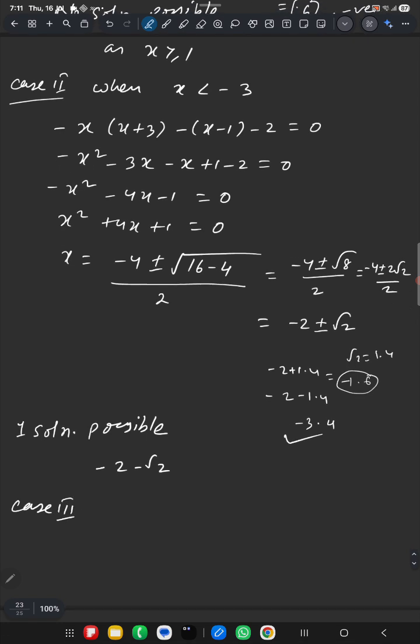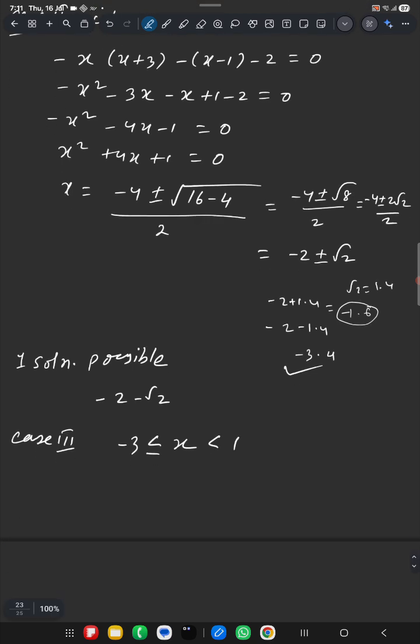Case 3 will be the range where x is greater than or equal to minus 3 and less than 1. In this interval, you have minus 3 and 1.